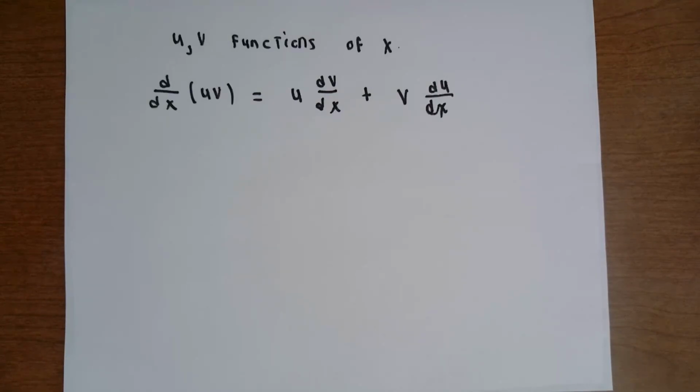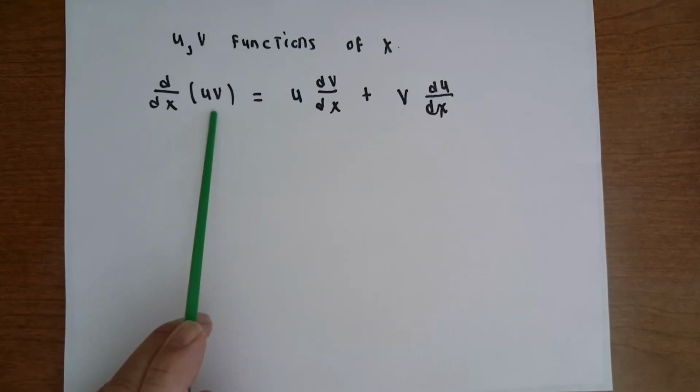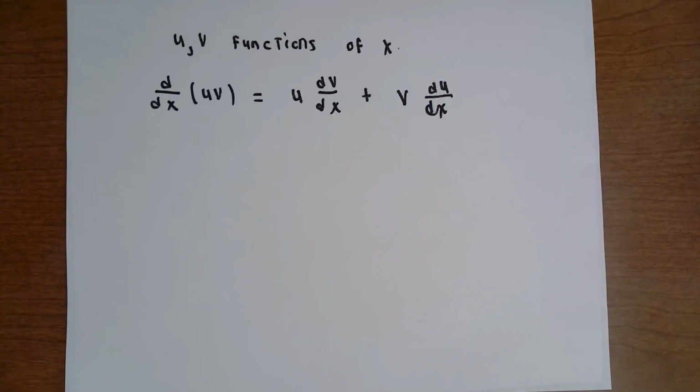The product rule says that the derivative of u times v is u times the derivative of v plus v times the derivative of u. On the other hand, if I know that the derivative of that is that, I could integrate both sides and turn it into a new statement.